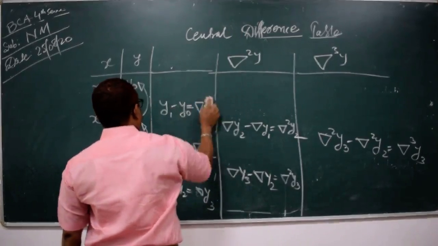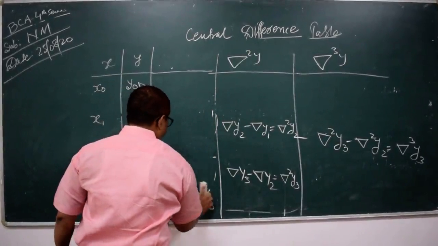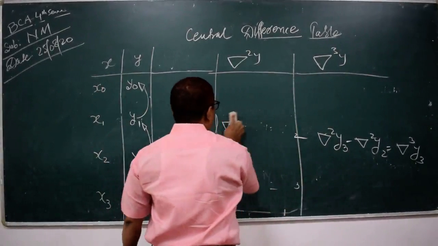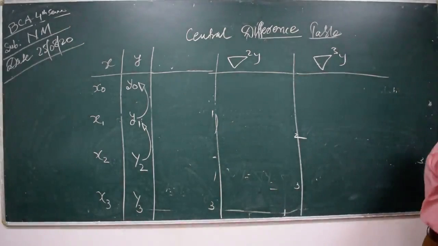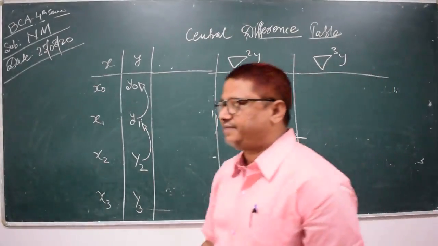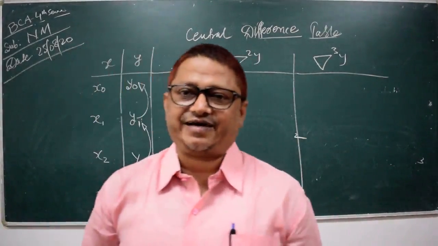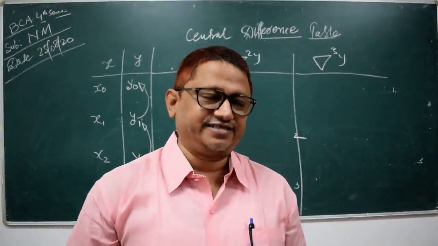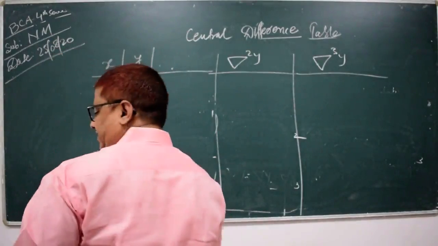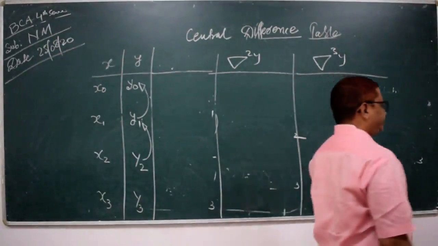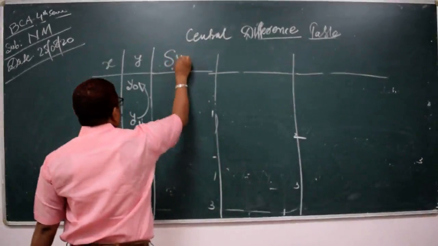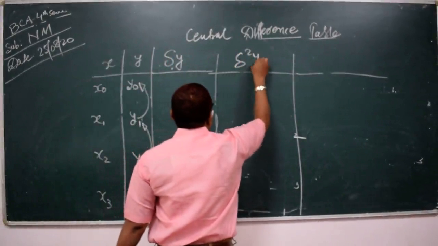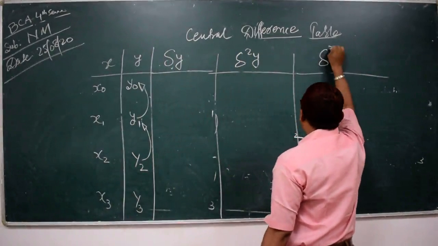In central difference, one thing you must remember: the values of the table and the subtracting part remain the same, only the operator changes. The forward operator is capital delta, the backward operator is opposite delta, but in the central difference table the operator is called small delta. Small delta square y, small delta cube y.